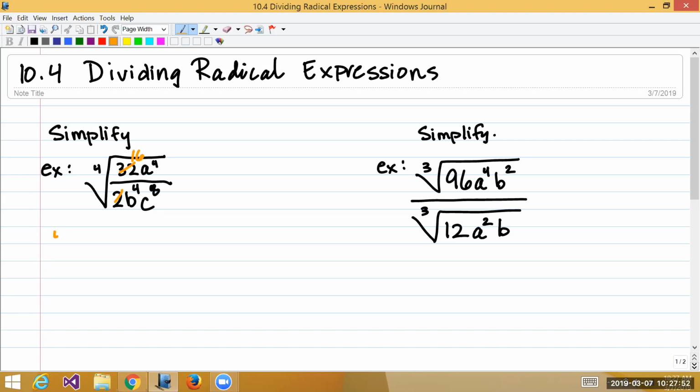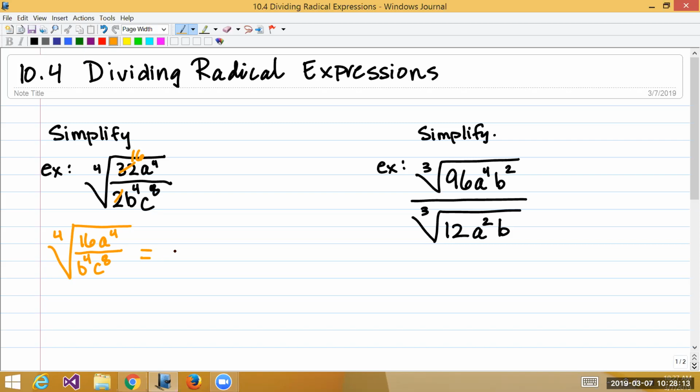So that leaves us with the 4th root of 16a to the power of 4 over b to the power of 4 c to the power of 8. Now nothing can be simplified on the inside, so in order to simplify this, we can turn this into 2 separate radical expressions.